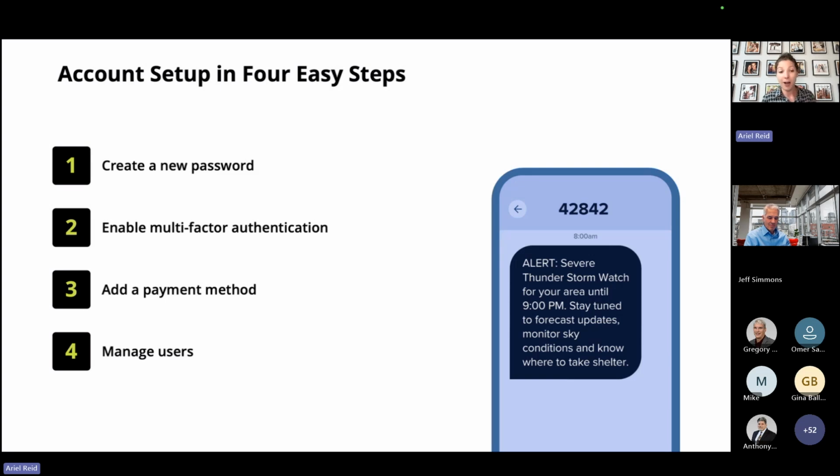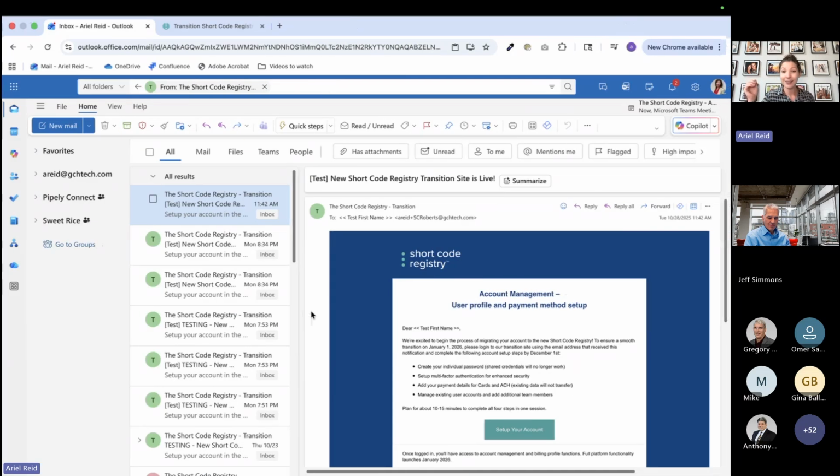What will happen on November 3rd, which is next Monday, you are going to receive an email that looks just like this. It's going to come from cso@usshortcodes.com to the email address that you have as active inside of the registry.